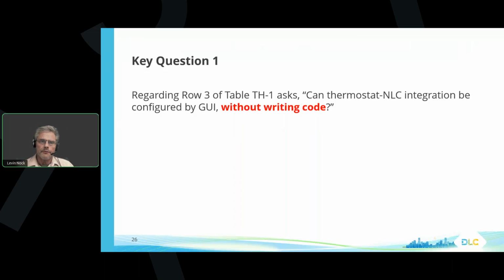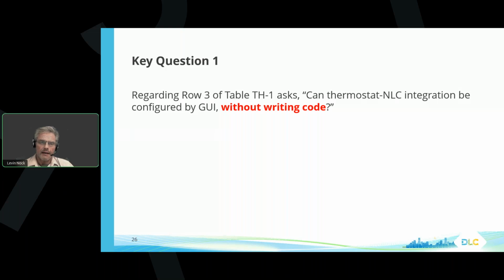And so when you're reviewing the draft technical requirement, you are welcome to comment on any of the changes highlighted. In addition, we've included these 3 key questions where we particularly want feedback. Regarding row 3 of table TH1 asks, can thermostat NLC integration be configured by GUI without writing code?